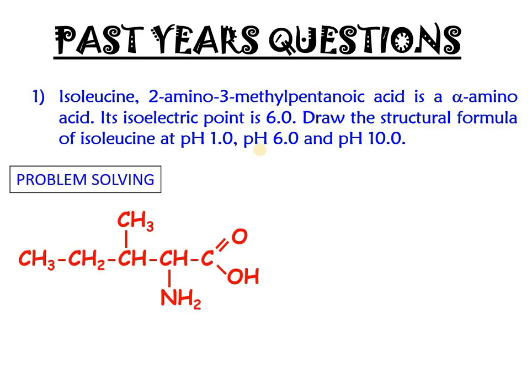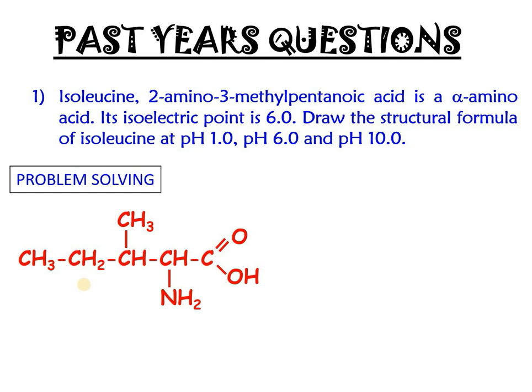To solve this problem, draw the structure of isoleucine first by using its IUPAC name. The name given is 2-amino 3-methylpentanoic acid. So this is the structure of 2-amino 3-methylpentanoic acid, or isoleucine.